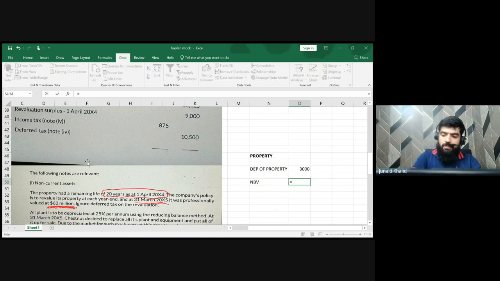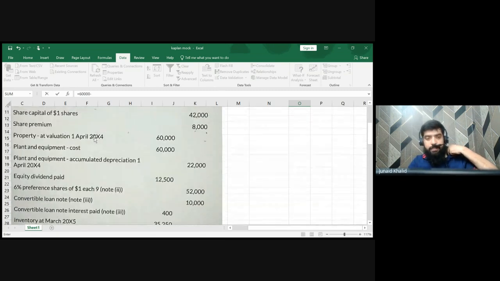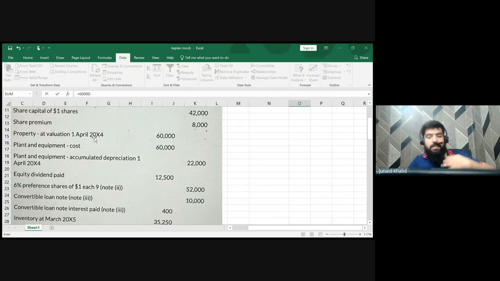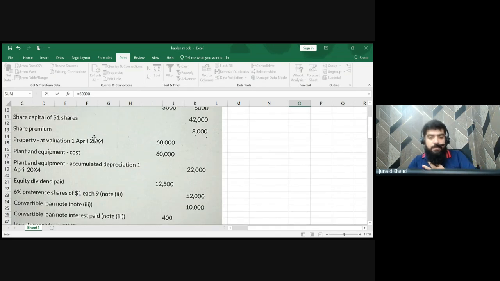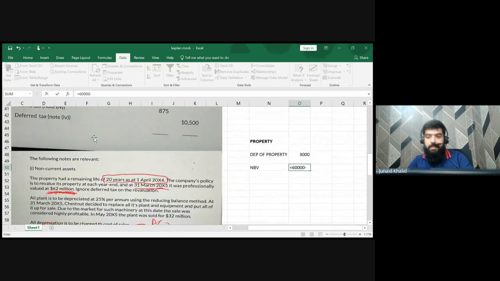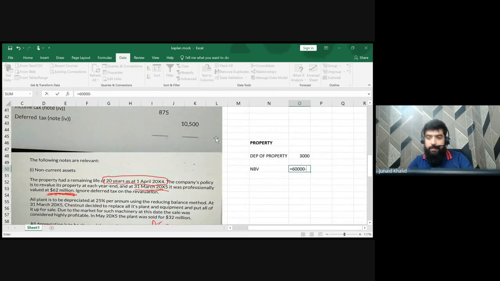Okay, so the cost was 60,000, and there is no accumulated depreciation for the property, right? Right. So we are going to deduct the depreciation that we have calculated right now, that is 3,000.